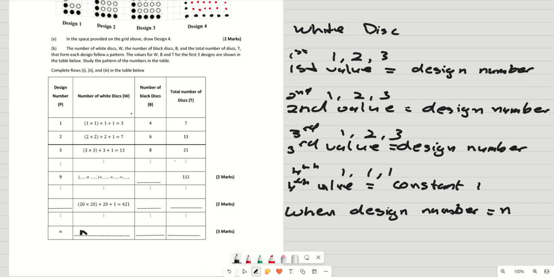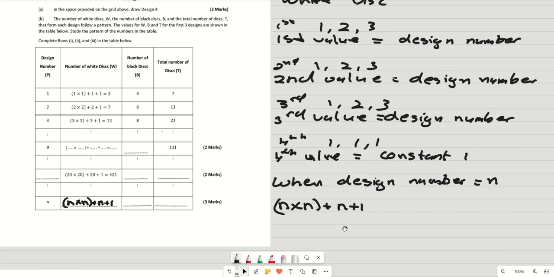Your first value is n multiplied by n in brackets, plus n, plus 1, and it's equal to whatever value, right? So again, your first value is n multiplied by n, plus n plus 1. If you want, you can multiply n by n, which is n squared, so this is actually equal to n squared plus n plus 1, right? So you could put that.